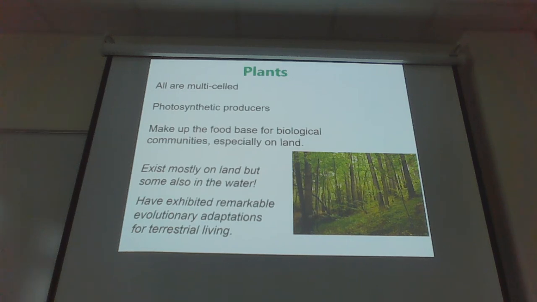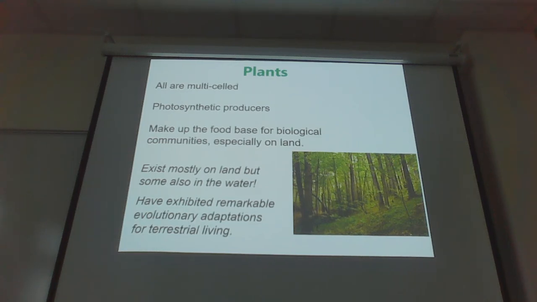Okay, so plants are multicellular and they are autotrophs. They're the producers, right? The main producers on Earth. So they make up the food base for biological community, especially on land, but they also live in water. So they have occupied all the habitats.